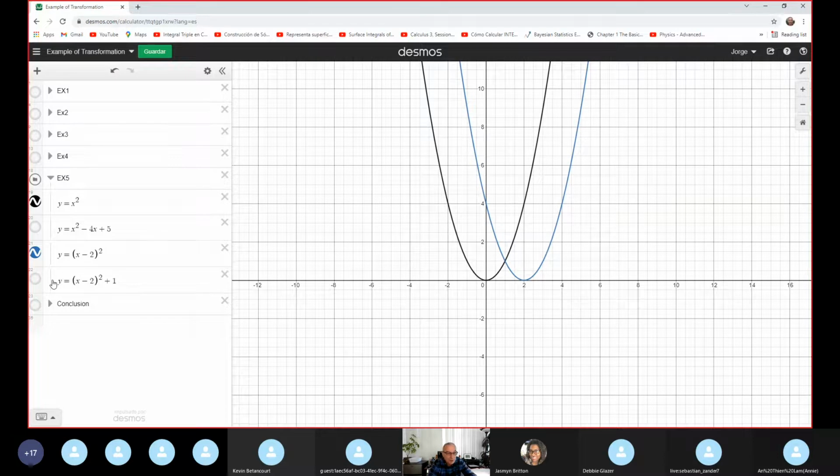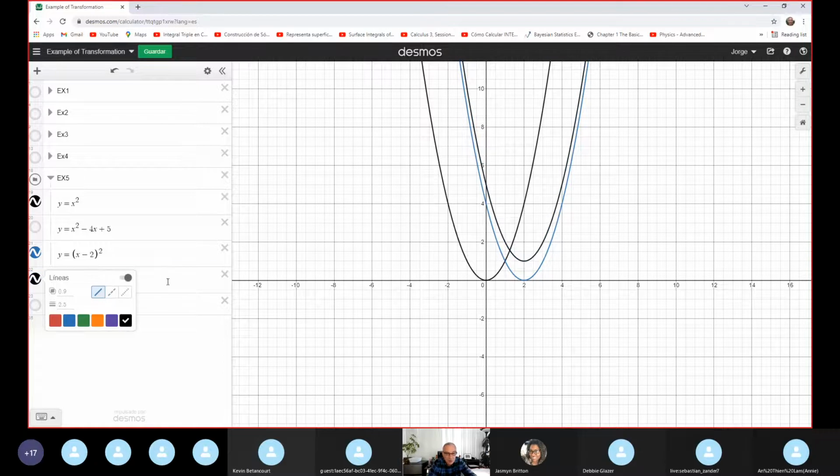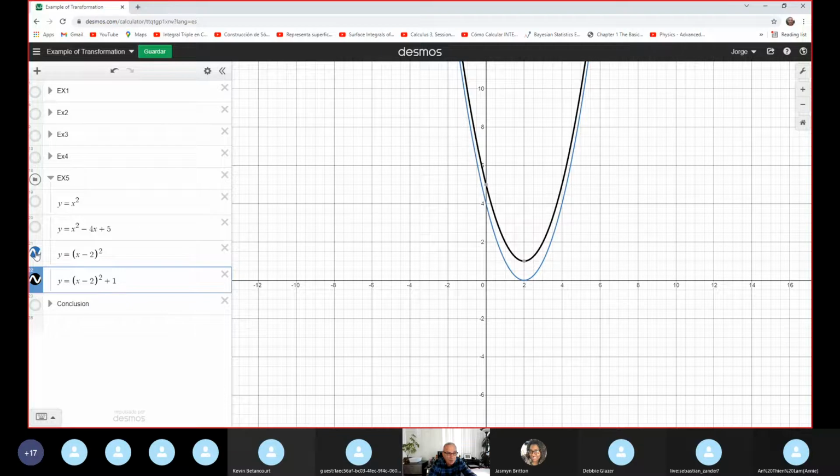And finally 1 unit up. Let me change the color. I change to the black color, for example. Let me delete that and delete that. This is my final answer. It perfectly coincides with the given information, x squared minus 4x plus 5.